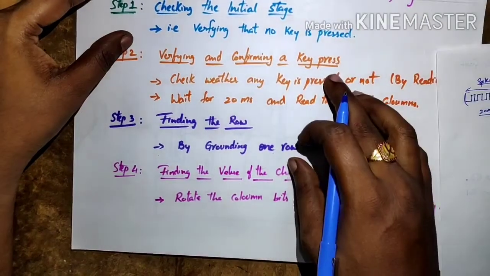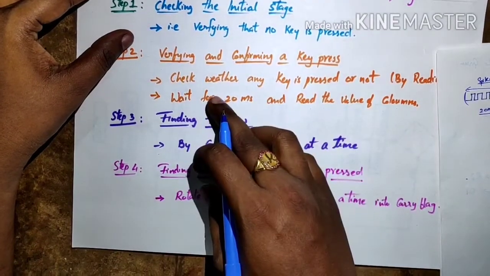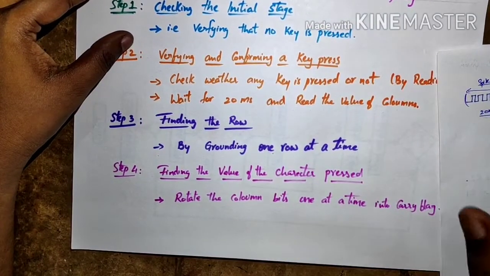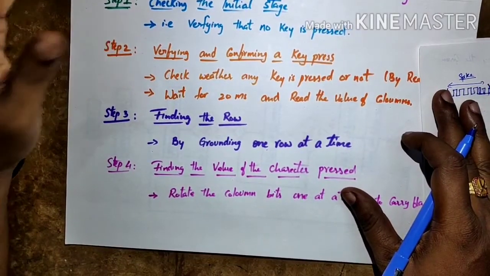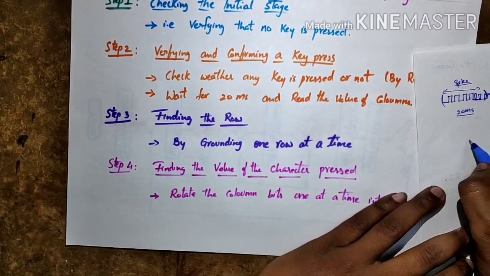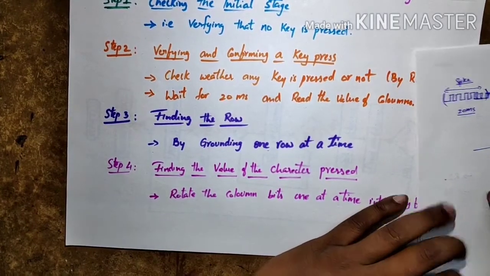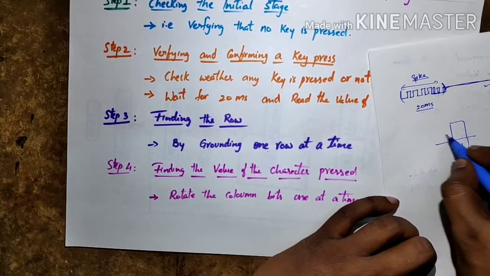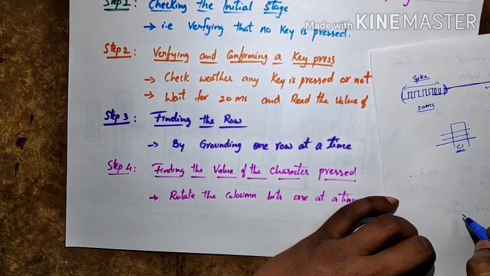After finding a key press, the microcontroller only knows that a key has been pressed. It doesn't know the value of the particular key. It knows some column value, but it doesn't know which row the key belongs to.